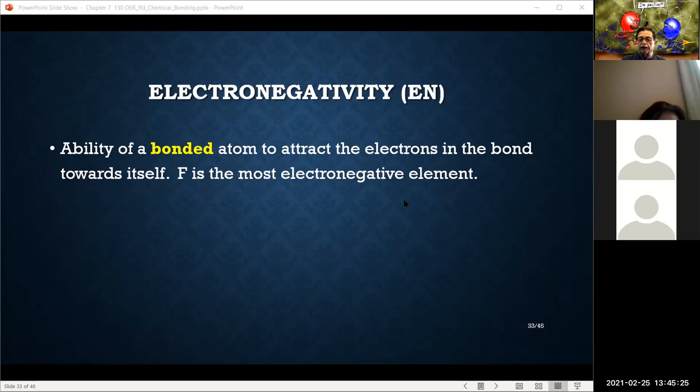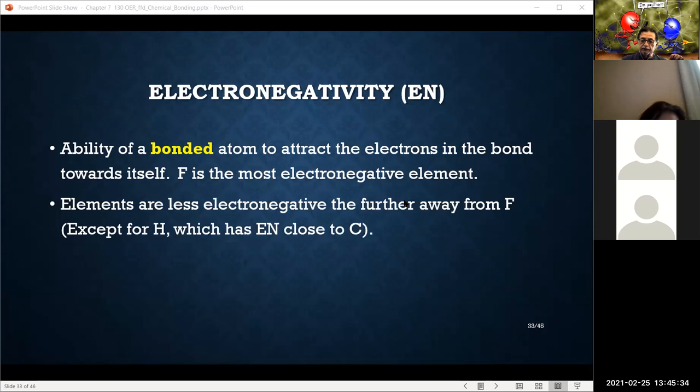It's the ability of a bonded atom to attract the electrons in a bond toward itself. Fluorine, remember, was the most electronegative element. And so we use fluorine as our benchmark, and we use the distance they are from fluorine to determine which one has the higher electronegativity.